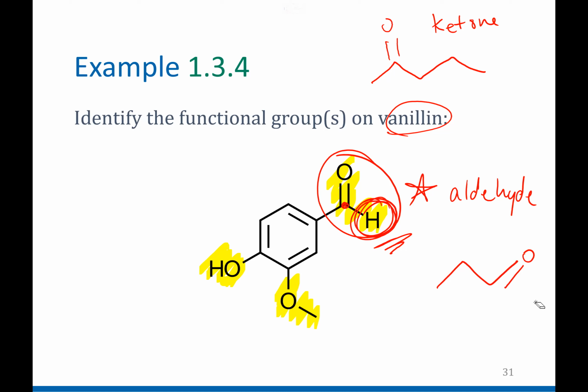And again, the H might be confusing. I never want to confuse you. That's the last thing I want to do as a teacher. But the H is there to represent that there's no other carbons. This is like the end. So if you have a double bond O at the end, you have an aldehyde.